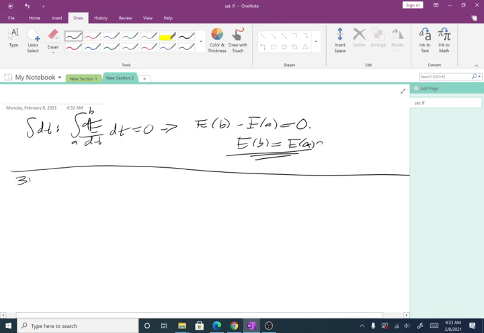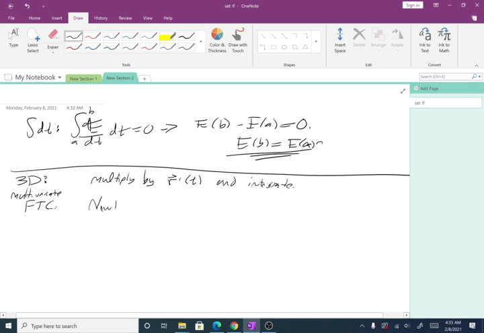Now, in 3D, we use the multivariate fundamental theorem of calculus, which is just the line integral version. So we again multiply by the velocity and integrate.